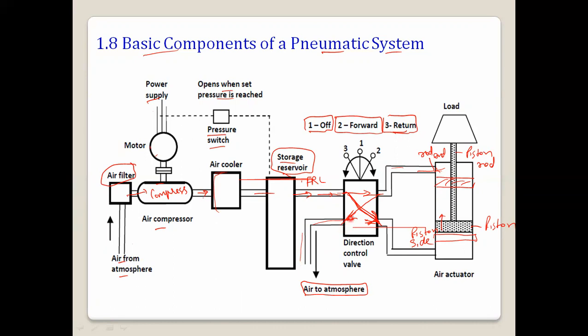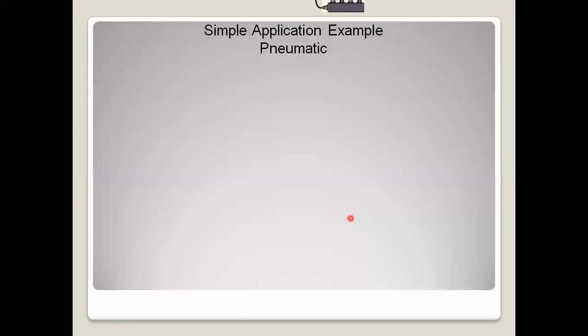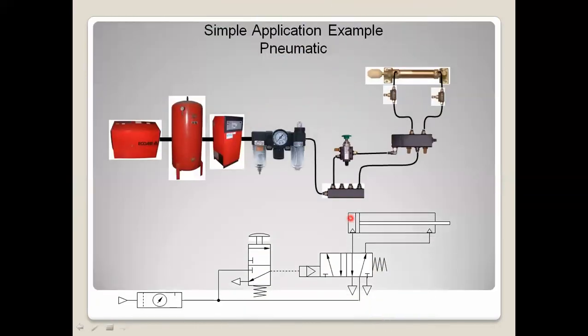The working of the hydraulic system and pneumatic system is almost the same. The only thing is that the hydraulic system is a closed loop system, and the pneumatic system is an open loop system. Here you can see a typical application of a pneumatic system: this is the compressor unit, then the storage reservoir, then we are using the FRL unit, then the DCV.